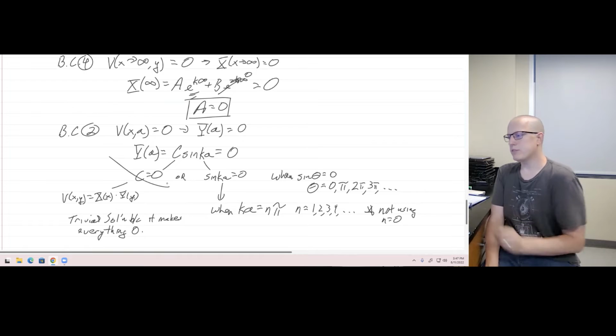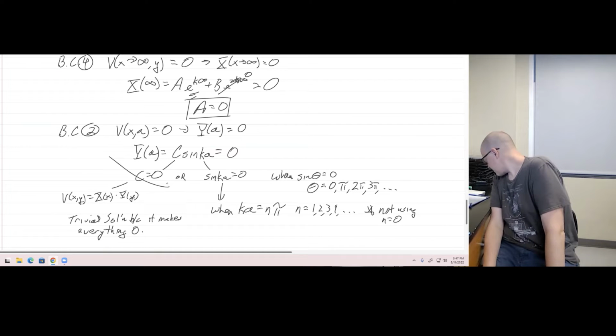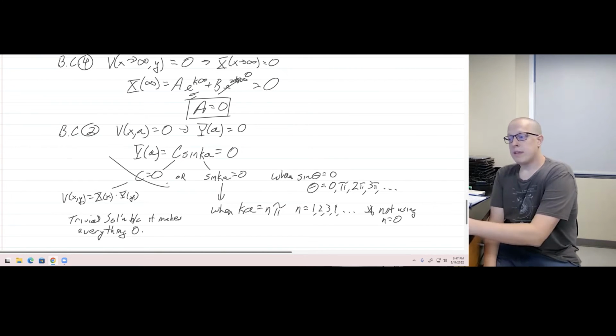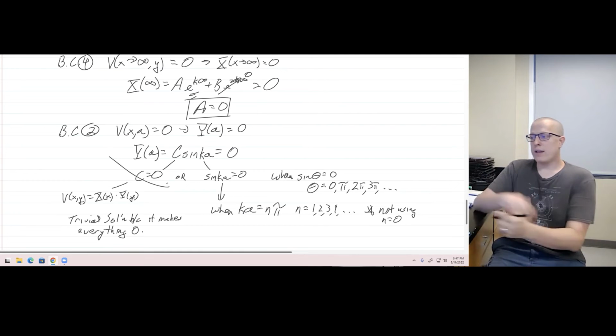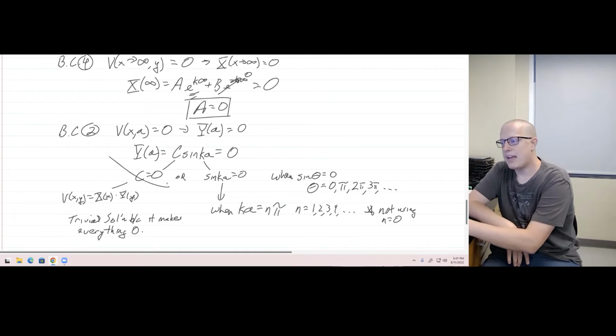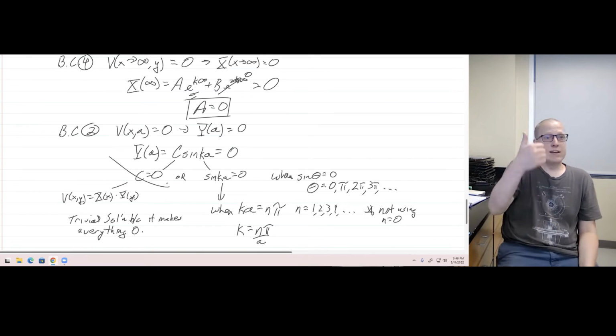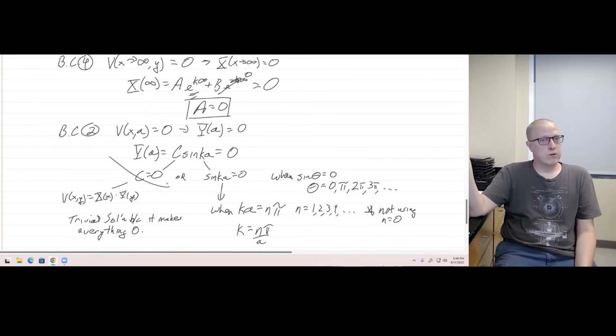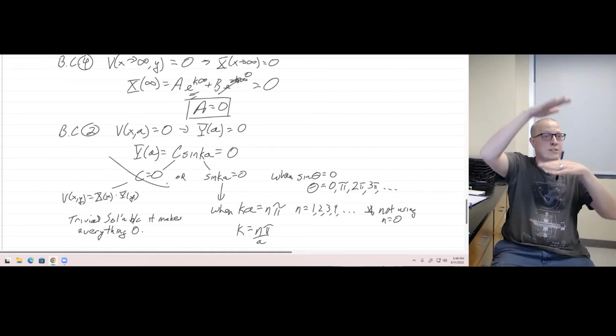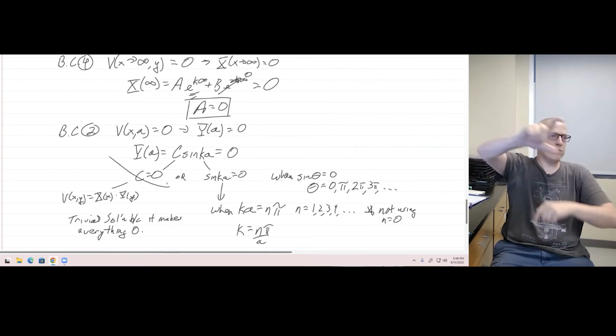We only use the multiples of pi here. And so now we have our k. Remember, we didn't know what k was from the very beginning, but now we know it's n pi divided by a. So n is just an integer, 1, 2, 3, 4, et cetera. Pi is just a constant, and a is just the height of our little green strip.